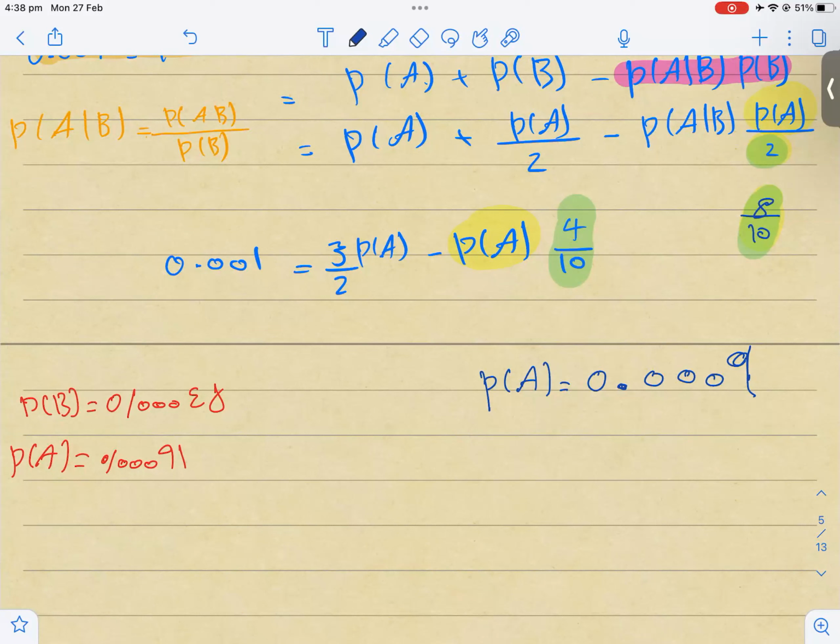What's the probability of B? How did you know that? Okay, yes. So how did I write probability of B? Where did I get that?